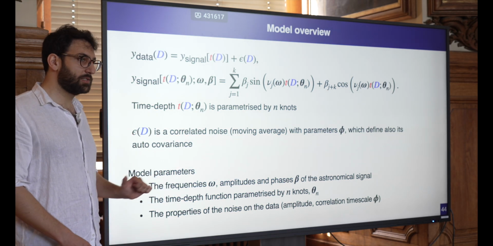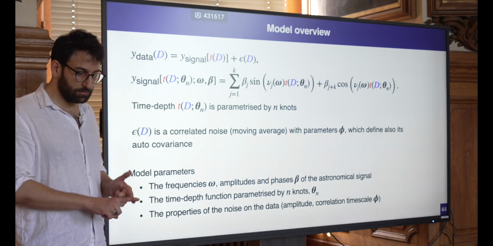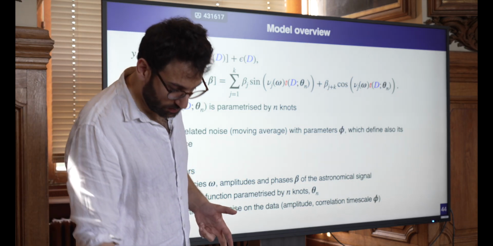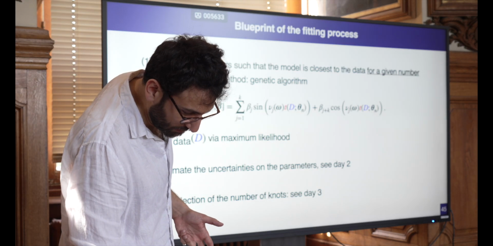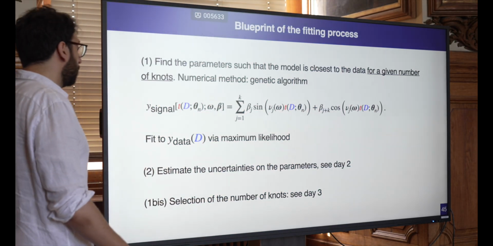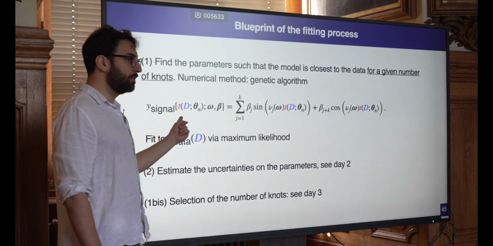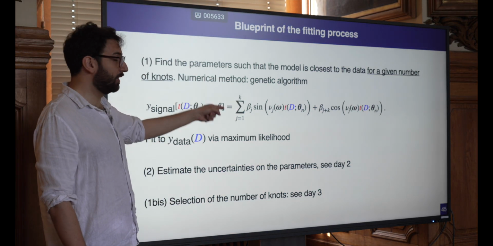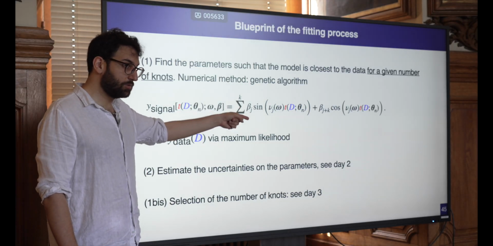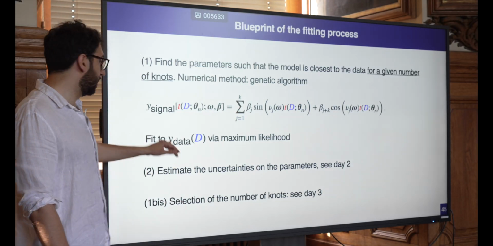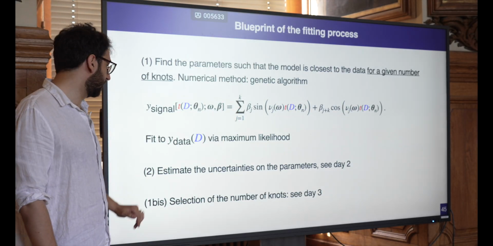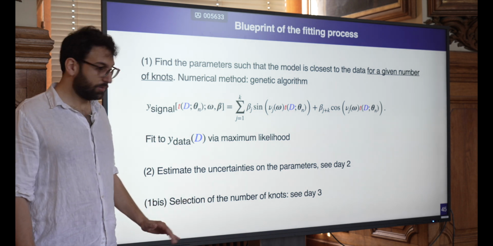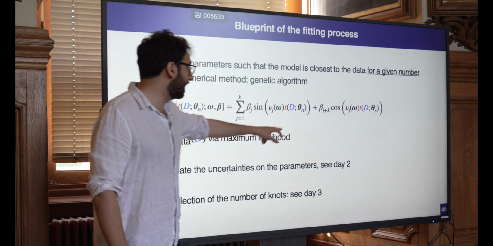We characterize at the same time the astronomical signal, the time-depth function, and the noise. When we want to fit it, we try to find the parameters that make the model close to the data in a certain sense. Then we will see tomorrow how we estimate uncertainties, and we will see on day 3 how we estimate the number of knots.